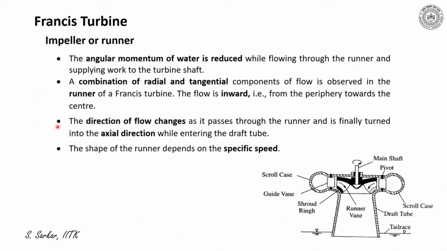Further, please note that here the direction of flow changes as it passes through the runner and finally it becomes axial entering to the draft tube. The shape of the runner depends on its specific speed. Thereby, while designing an impeller, one should assess what is the specific speed.